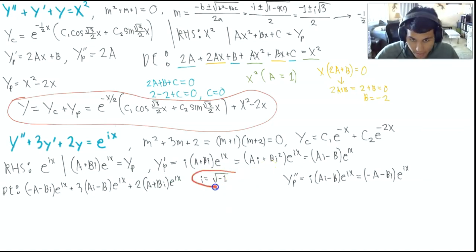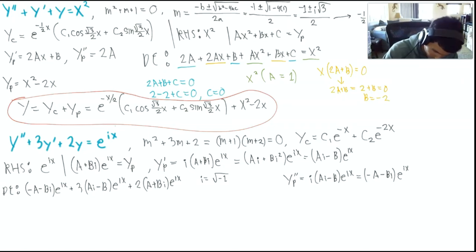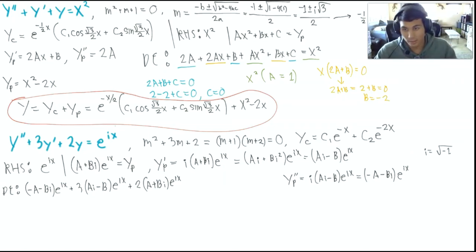And I'm going to erase this now. Actually, I'm not going to erase it because maybe you want to keep that there for your sense. I'm just going to move it over here. Okay, so this is the left-hand side of this differential equation recreated with yp and its derivatives, and we need to set it equal to this.